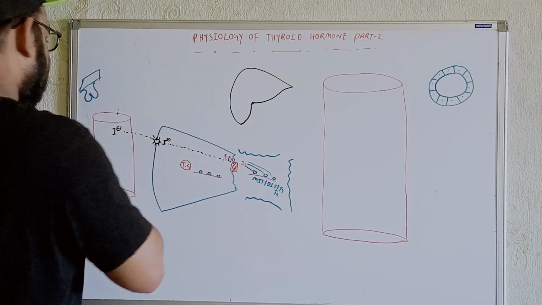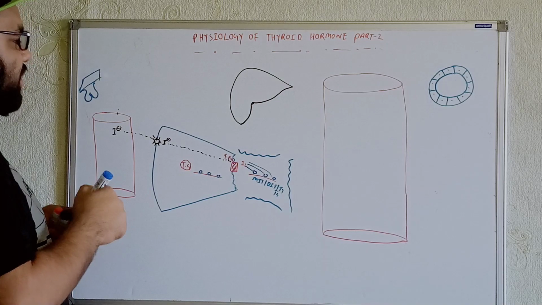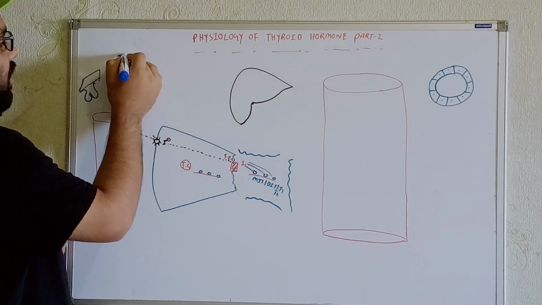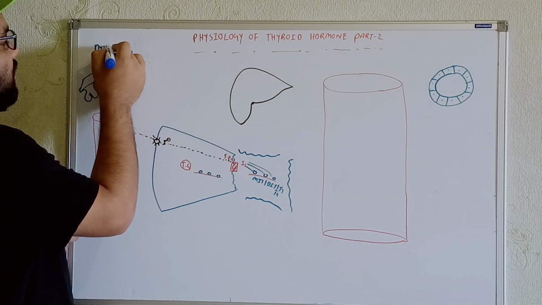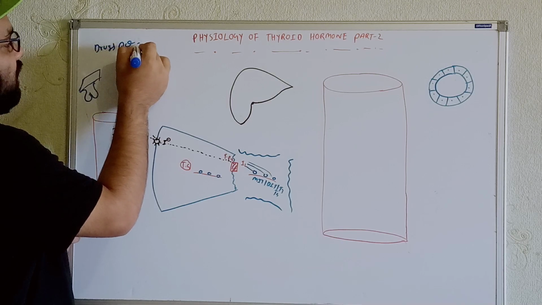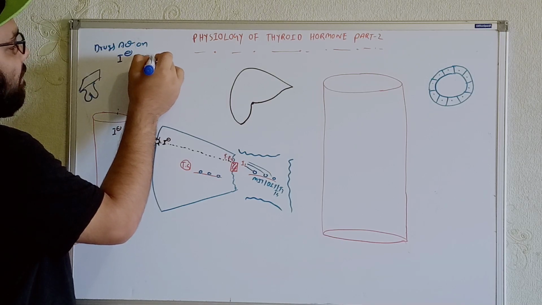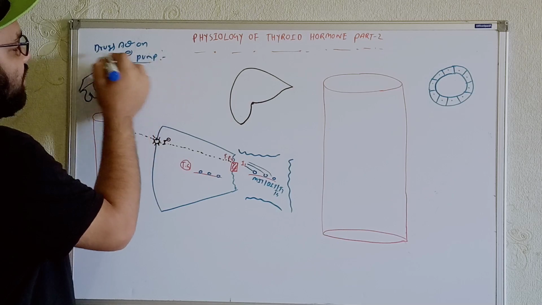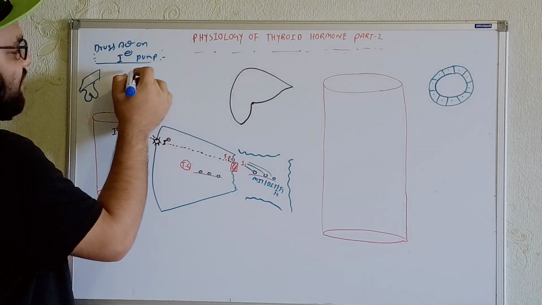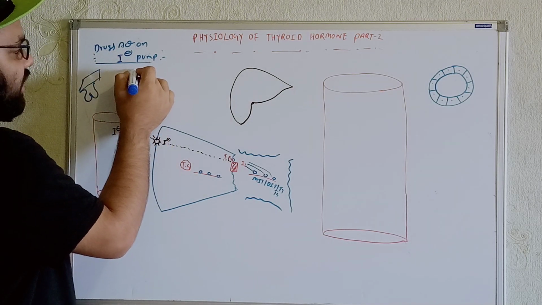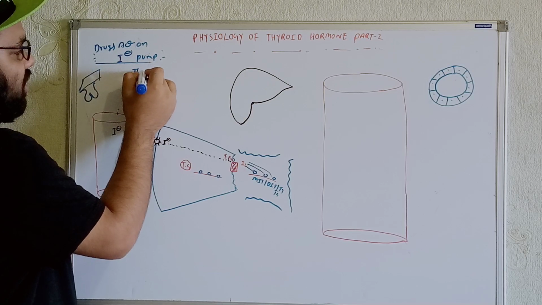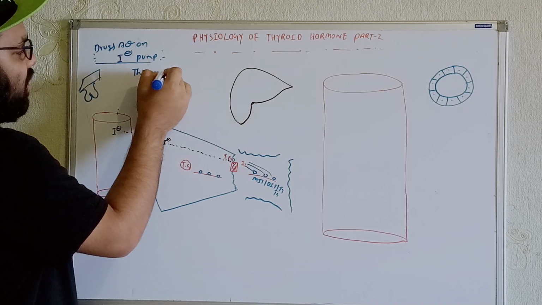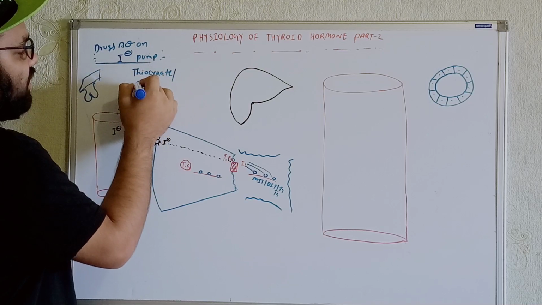Now see, there are certain kinds of drugs that act on the iodide pump. So, drugs acting on the iodide pump. What is the name of the drugs? For example, you can get thiocyanate, or you can get perchlorate.